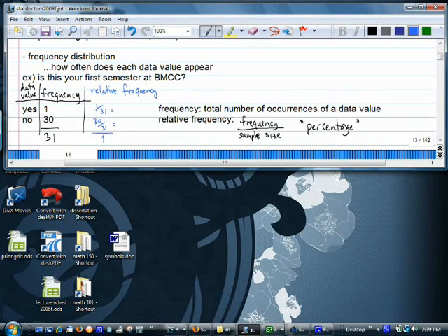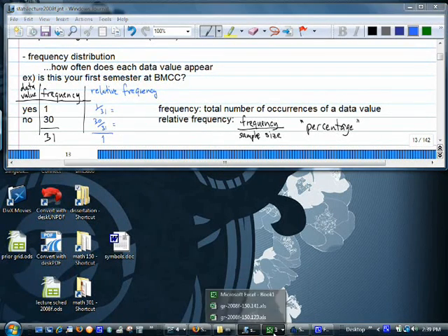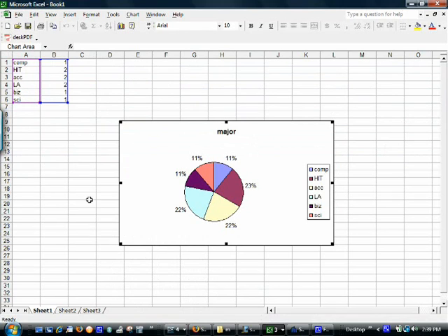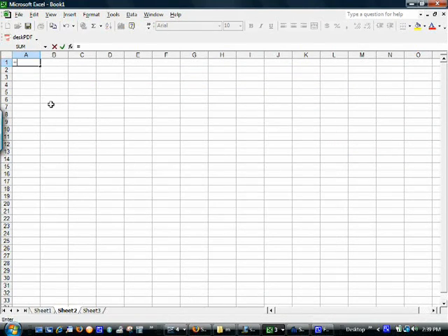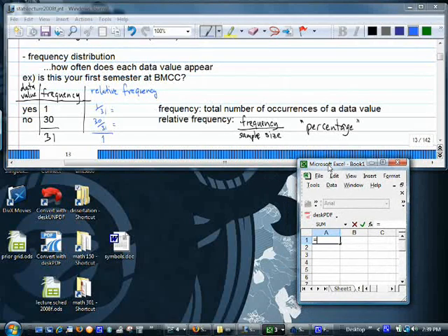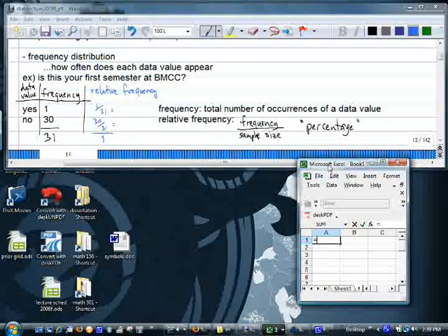So I'll pull up my handy dandy spreadsheet. Wait, let me shrink this. There we go. And you'll notice that especially since this is a stats class, we're going to be using spreadsheets quite a lot. I've gotten used to using my spreadsheet to do calculations, and you might as well.